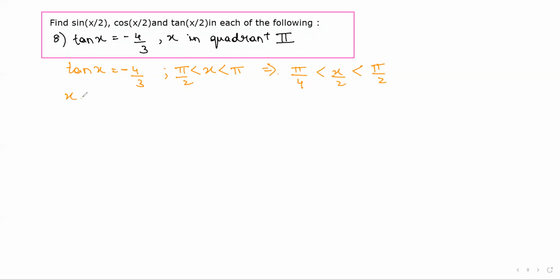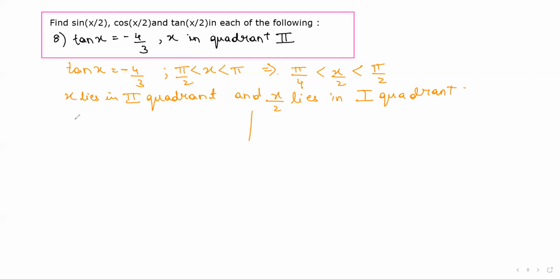Here your x lies in the second quadrant and x by 2 lies in the first quadrant. This is what we have interpreted.